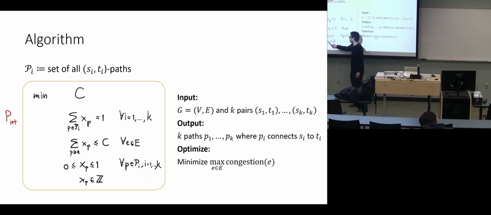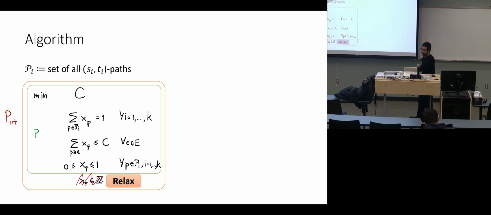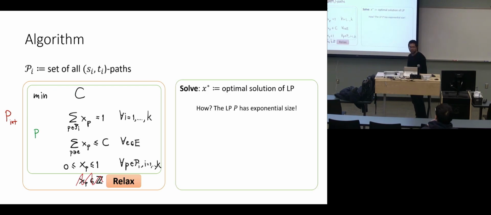Instead of 1 or 0, I put this linear constraint and put the integrality constraint there. So we get an IP. Now the second step is to relax, easy again. And the next step is to solve.